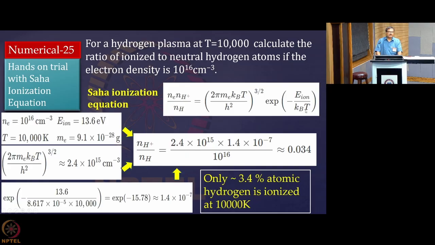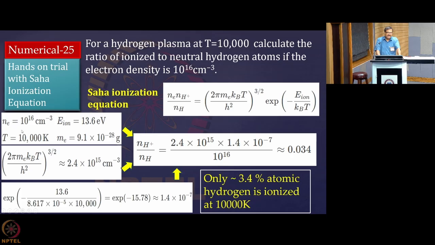Kb is the Boltzmann constant, T is the temperature that has already been given. So we can find N_H+ by N_H, that is the fraction that got ionized. Actually it should be N_H+ by N_H plus N_H+, but the fraction is so low that even if you add that, it remains more or less the same, and we get the same fraction.